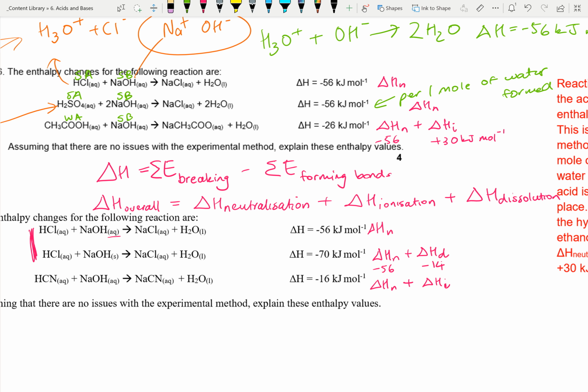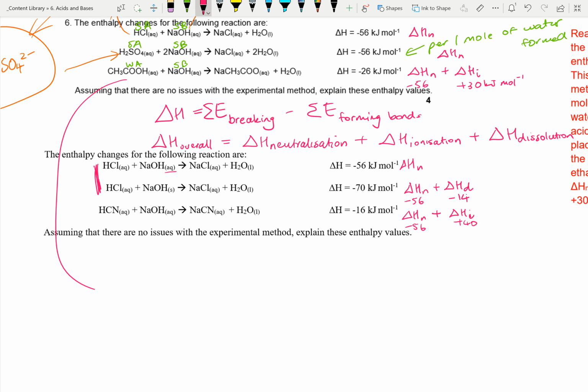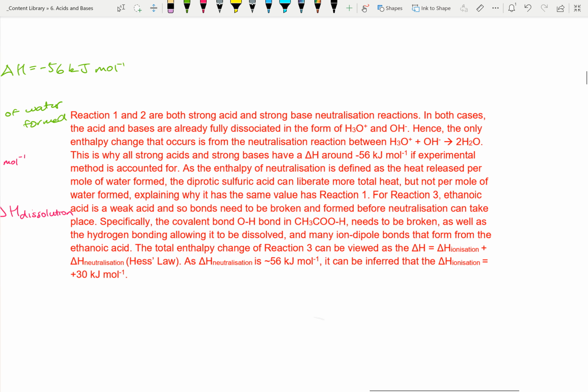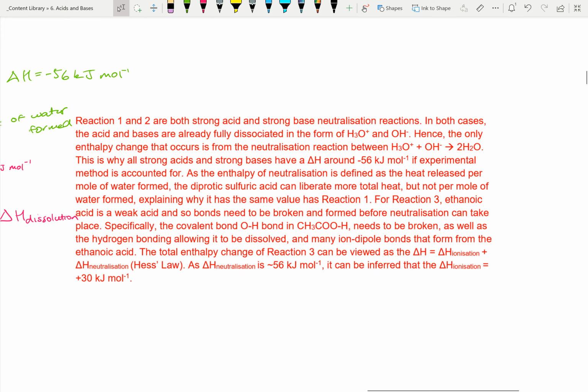Okay, so I infer, because that's negative 56, I infer that it's positive 40. Now, I might just come down here and try to explain. Hopefully you got the gist of it. There's an answer over here which you could pause your video on and do. Here's an answer that I wrote out for it. I'm not going to spend time on it. I'm just trying to get you to learn how to write answers in so much detail.